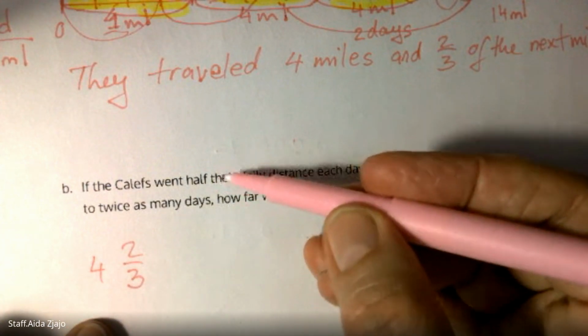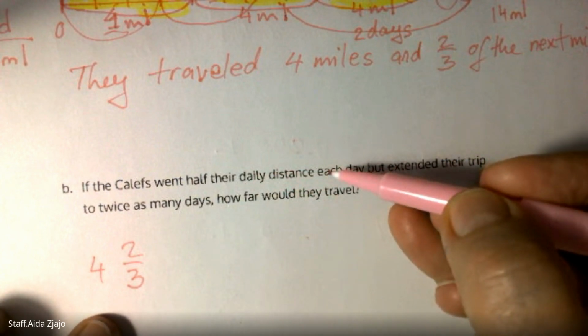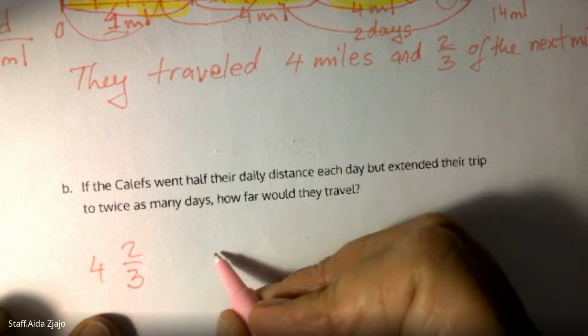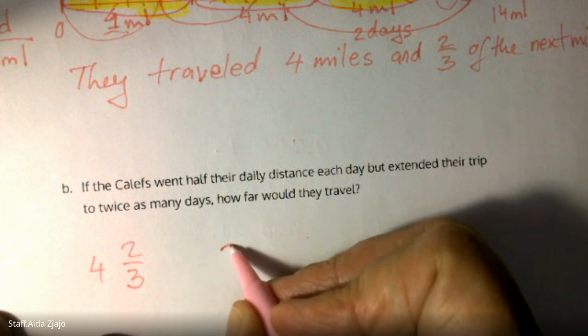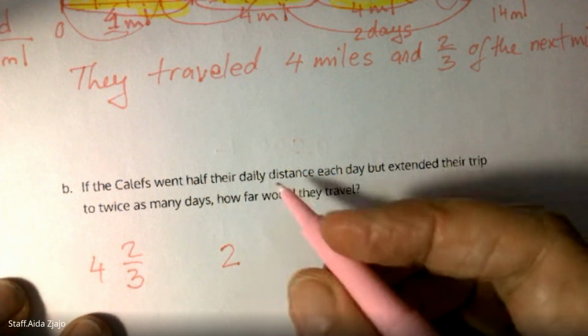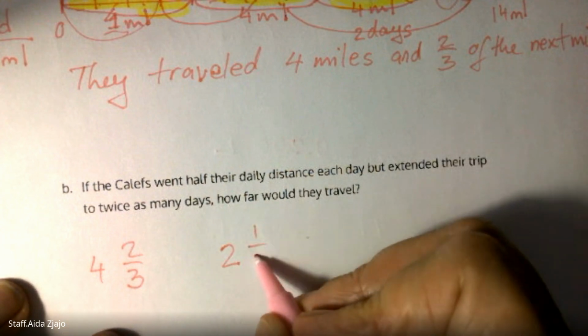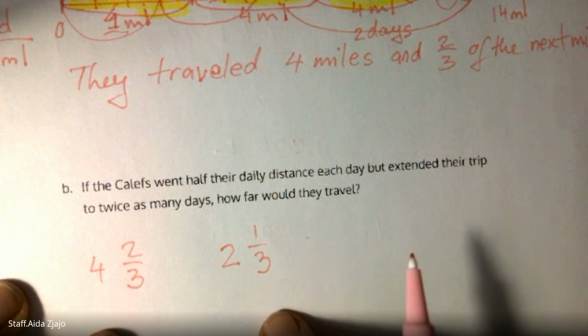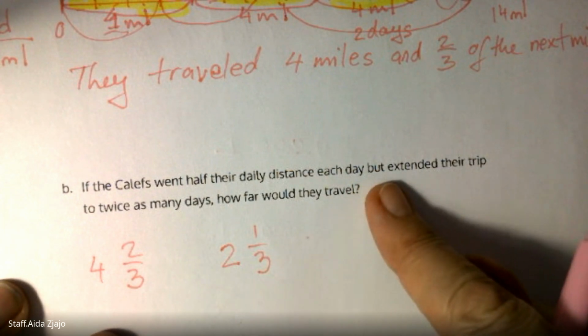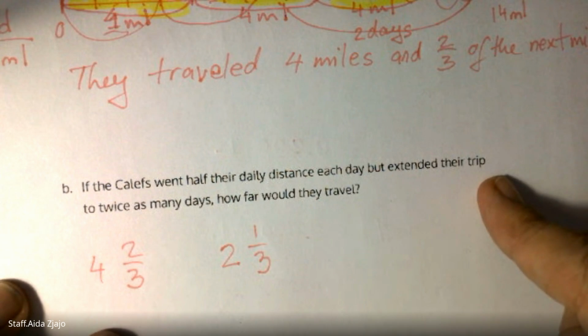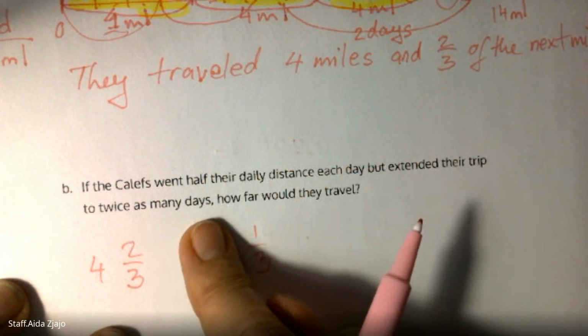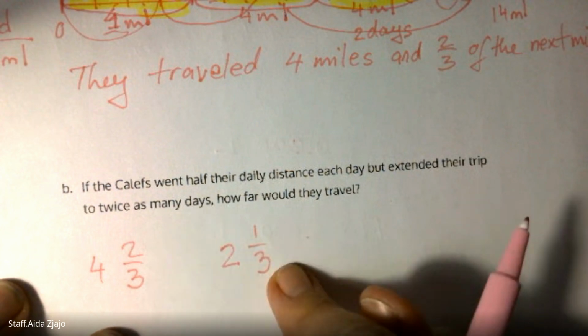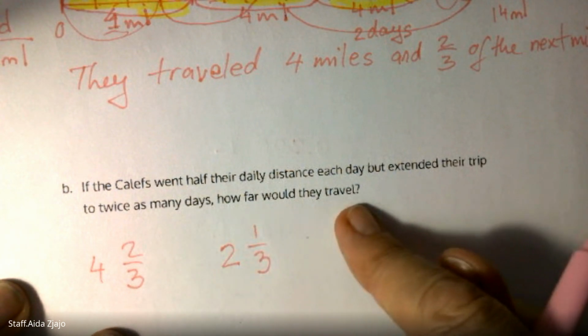If they went half their daily distance, that would be 2 miles and 1/3 of a mile each day, but extended their trip to twice as many days. So, how far would they travel?